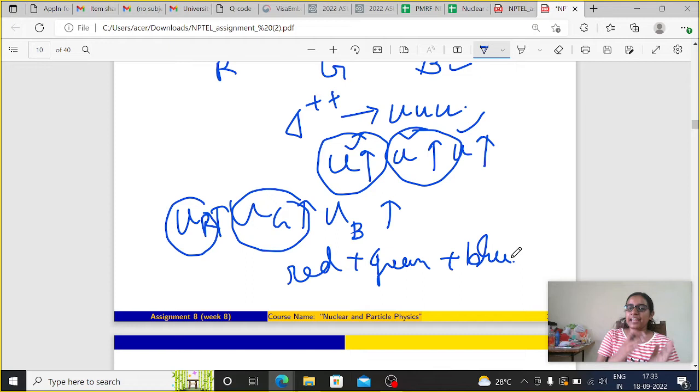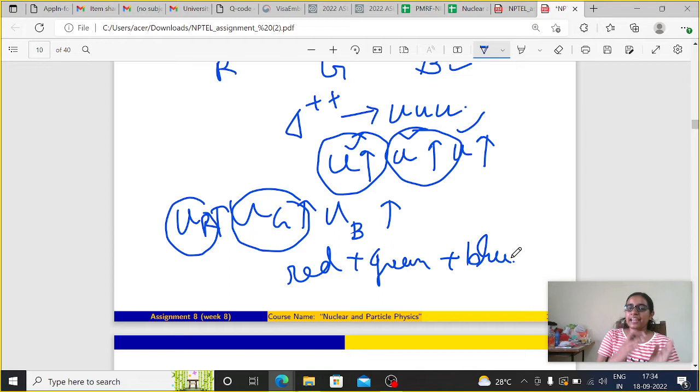When we talk about proton, neutron, delta plus, sigma minus, sigma 0, there is nothing of this color. Color is only introduced because of the Pauli exclusion principle problem, so to remove that violation we introduce it.